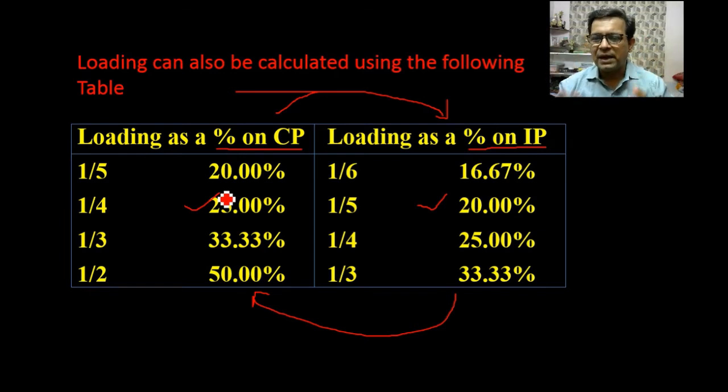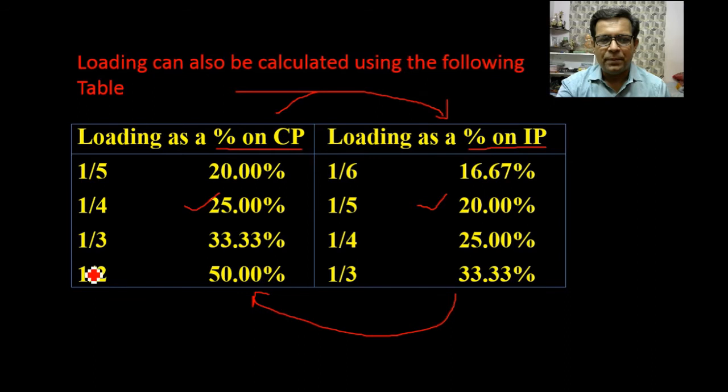Guys, sometimes remembering percentages might be a little challenging. So what we do is convert them into fractions, and that becomes easy. 20%, I hope we all understand, is 1/5. If I add 5 plus 1, I get 1/6. To the denominator, you add 1, and you get the loading on invoice price.